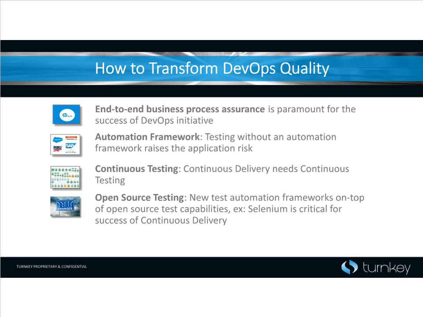And we think increasingly open source testing is becoming important. The ability to support those tools in this framework that may contain a number of other tools is very, very important. And we find increasingly, as an example, Selenium being widely adopted and used for web applications.